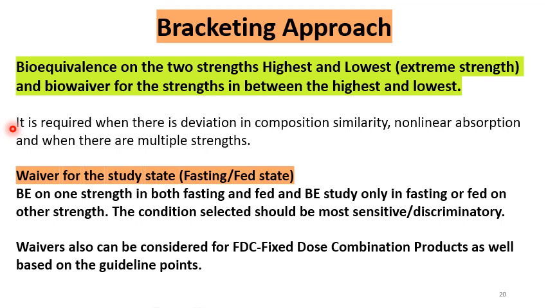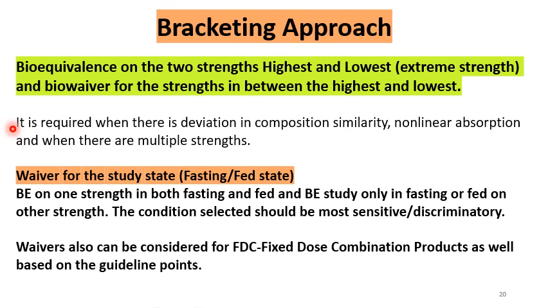So that time the condition selected should be the most sensitive condition or most discriminatory condition for the formulation. Like for Europe region, fasting state is generally considered as the most sensitive or discriminatory condition.